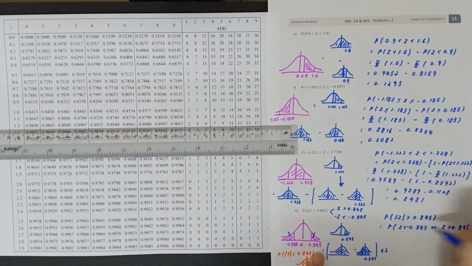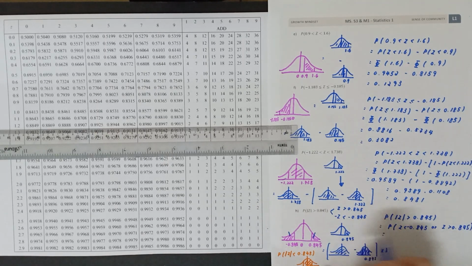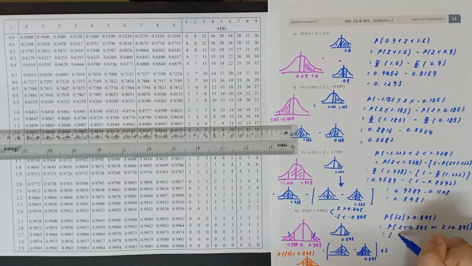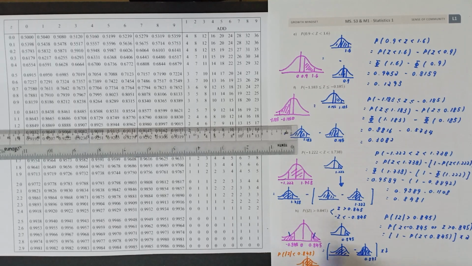Sorry, this is negative. I'm explaining the picture that I drew. Then I can start to do this. I'm going to use 1 minus the probability Z smaller than 0.845, then multiply by 2 because I have two shaded regions which are exactly the same. So for 1 minus, I can find my phi.